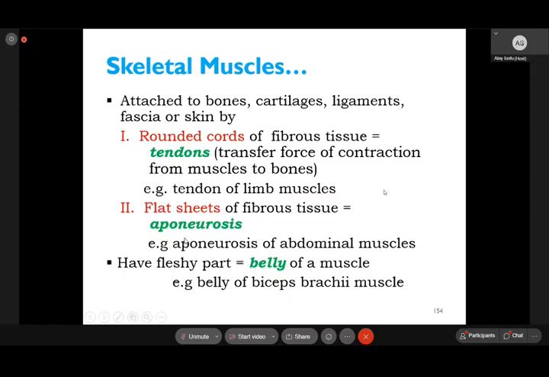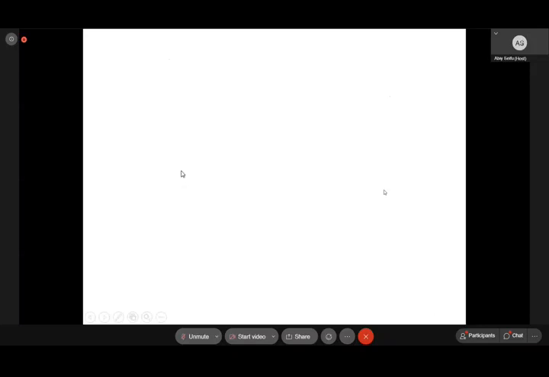The aponeurosis is flat and is most of the time found on flat muscles. It has a sheet-like appearance for attachment and insertion, and it is non-contractile like the tendon. The tendon is a round, cord-like structure.